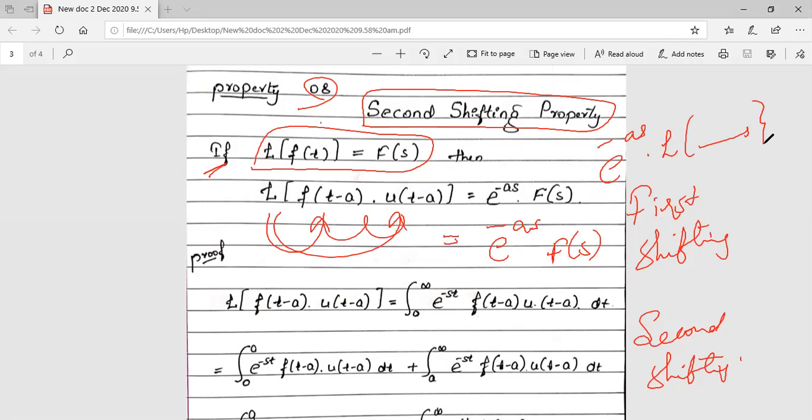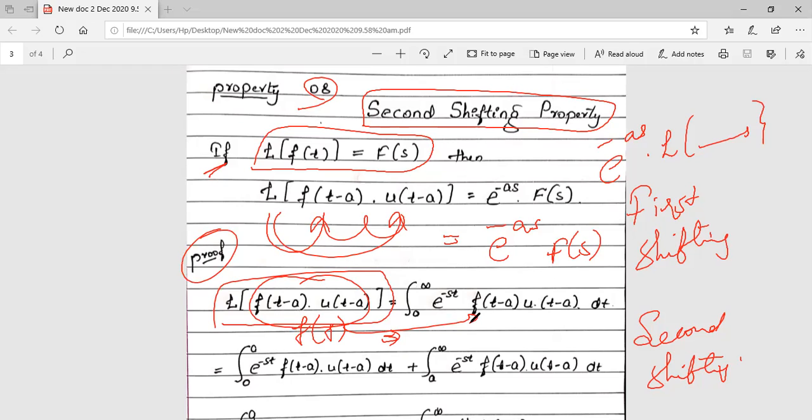The proof is: first we write our given equation, Laplace transformation of f of t minus a into u of t minus a. According to the Laplace transformation definition, we write this as integration over 0 to infinity e to the power minus st into f of t minus a into u of t minus a with respect to dt.